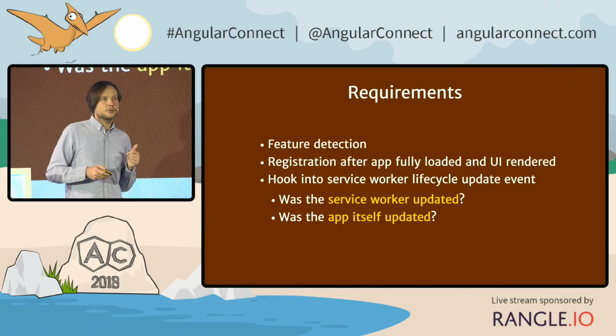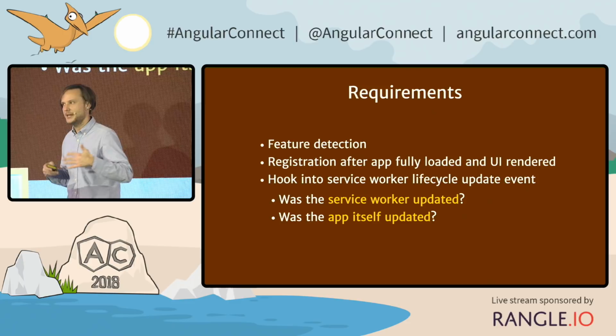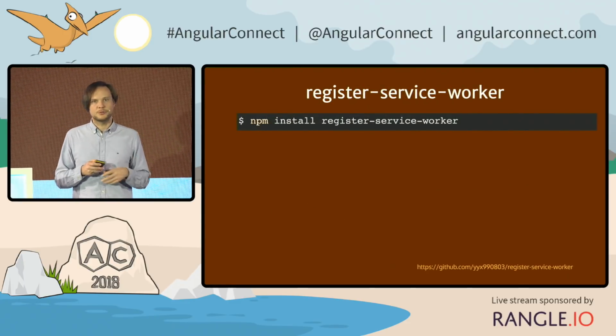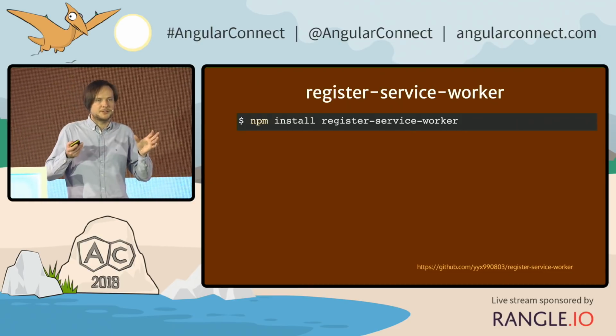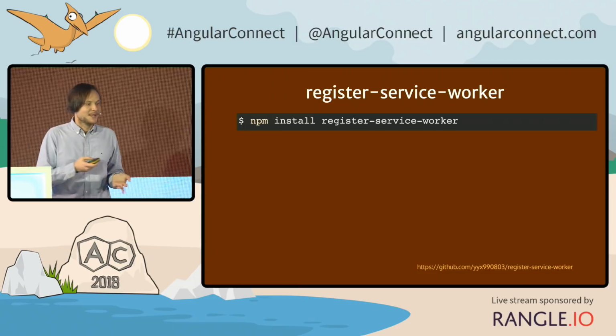About easily: if you don't want to go deep into all the details of the service worker lifecycle, I can recommend using another very, very small library, a utility called register-service-worker, right?